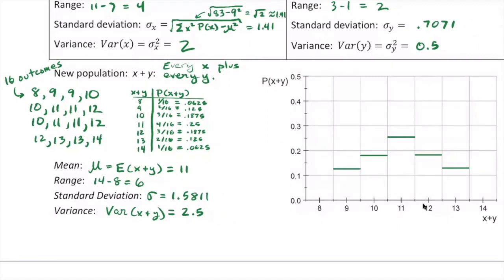And then 0.0625. So it's not the best graph in the world, but it's okay. And I kind of want to make sure we all see it. It is bell-shaped. Nothing's ever a smooth bell, rarely, anyway. Okay, so that's bell-shaped.